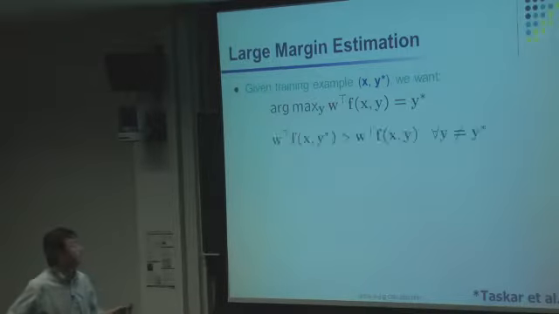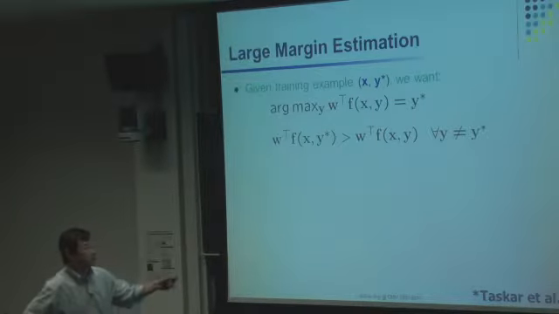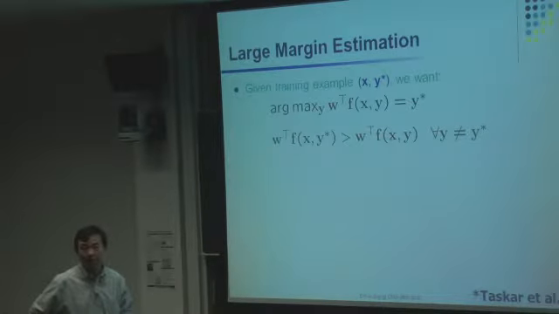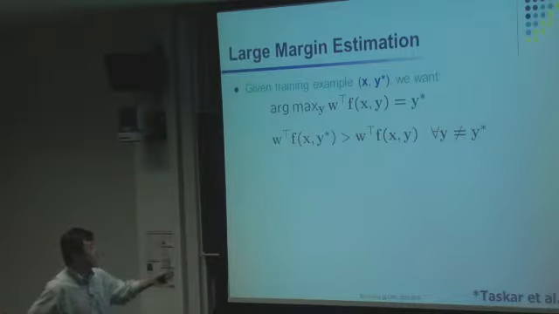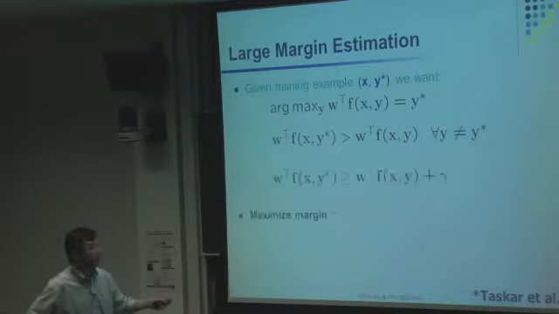Okay, that makes sense. But in another way, we are not only happy by having the model W such that the right label is the maximizer of this. We also make the prediction risk small. And that's basically the SVM spirit. We want to make sure that the correct label is greater than any other incorrect label, and by a margin.